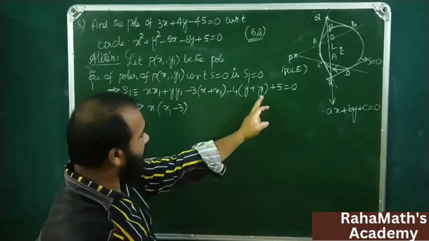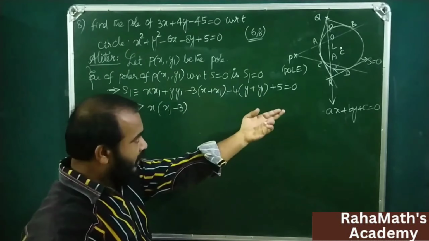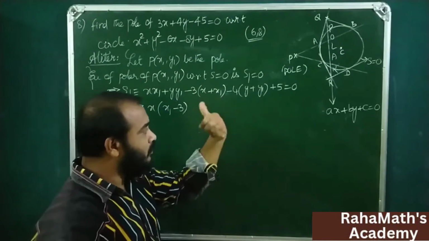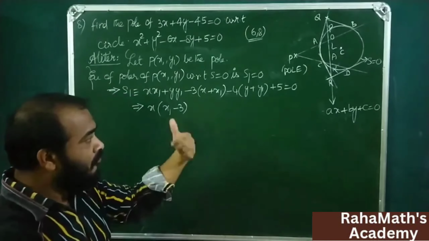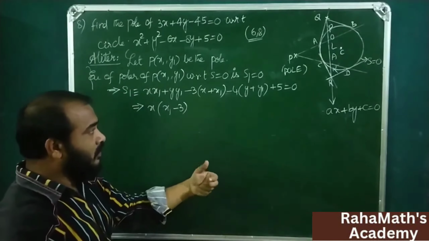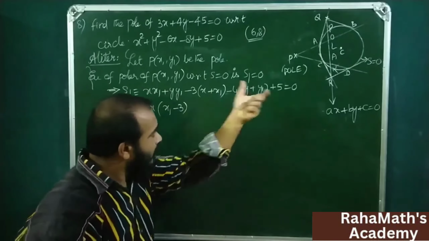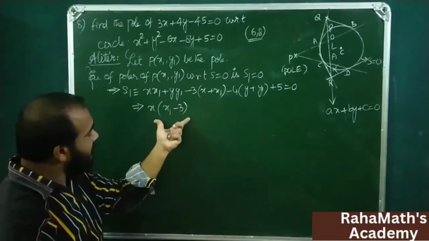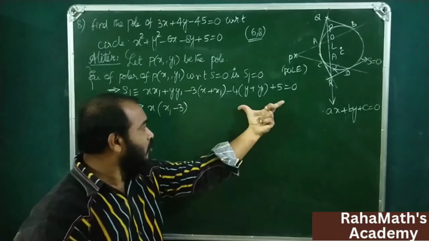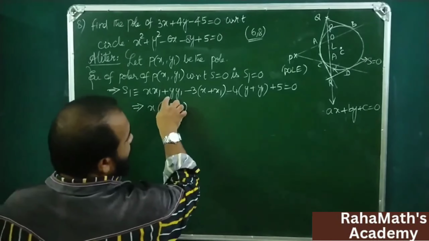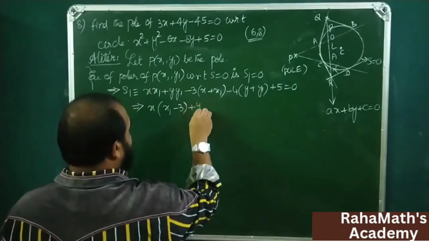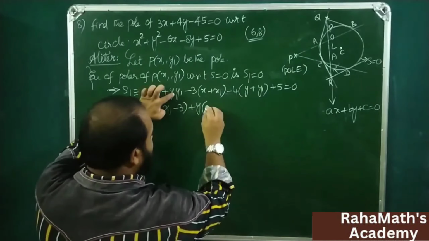Since this polar represents a straight line, which is of the form ax plus by plus c equals 0, a first degree equation with x, y and a constant, next y I will write and then the constant. So (y1 minus 4) y, taking y as common.